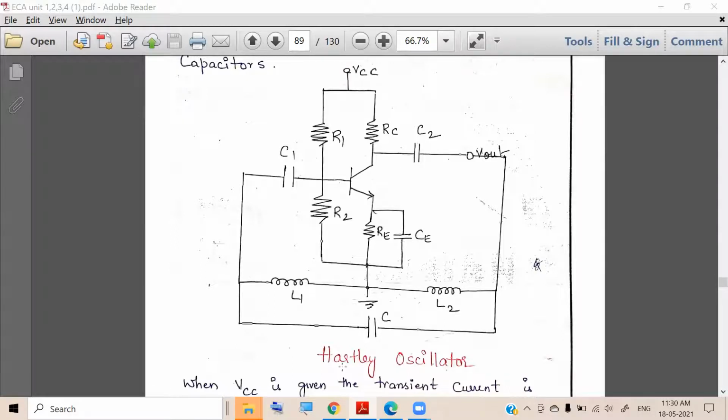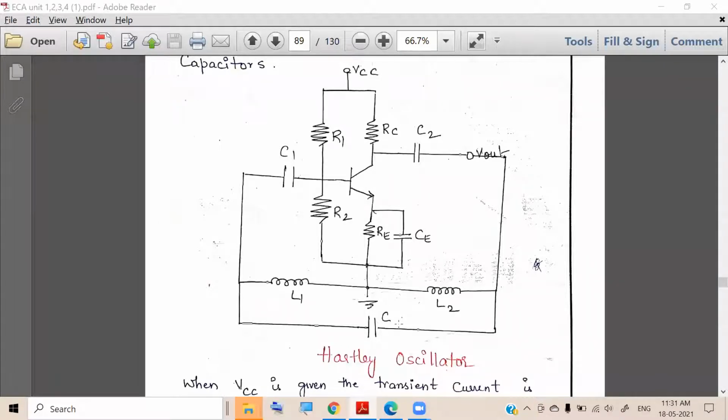Then in the Hartley oscillator, I told you we have two inductors in the feedback. This is the feedback path. The feedback path has three components in total: two inductors and one capacitor. So for the Hartley oscillator, we have L1, L2, and a capacitor.